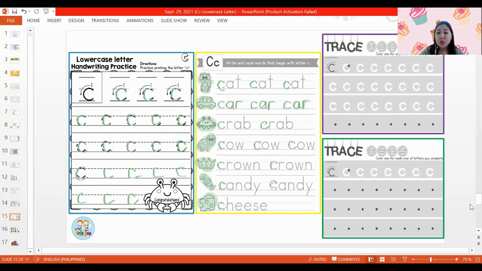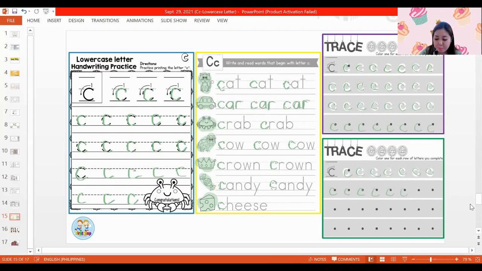So we will just trace and write our letter C. So we will just make a small curve or little curves to make our letter C. Letter C, letter C. Let's make our letter C. Try to write your letter C by yourself, okay?